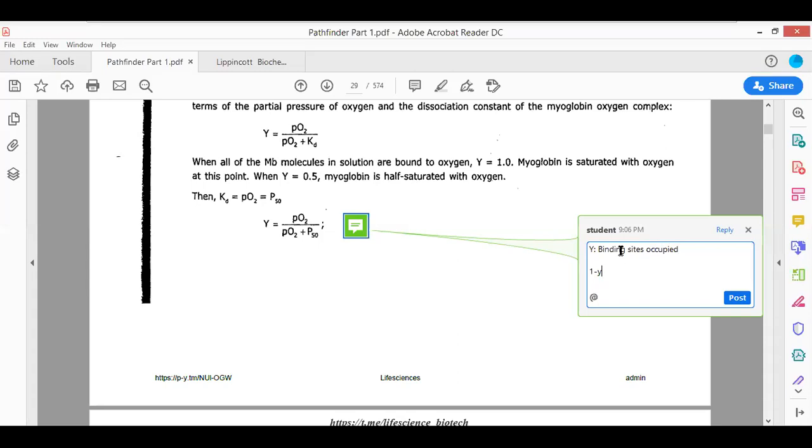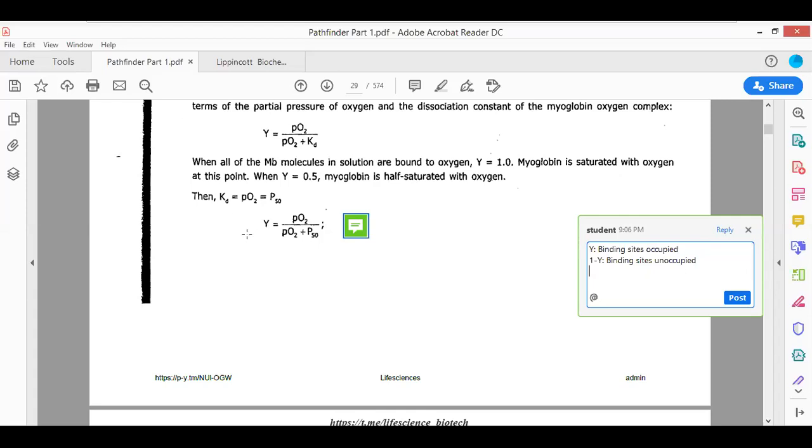And what would be 1 minus Y? 1 minus Y would be binding sites unoccupied. Okay. So you calculate the ratio Y divided by 1 minus Y. And what you are going to get is this equation.